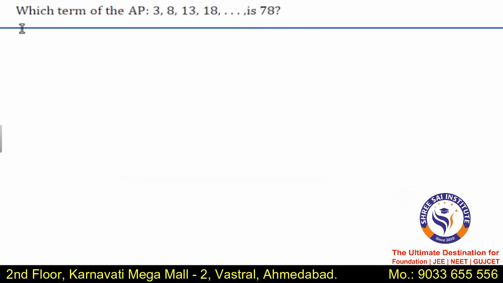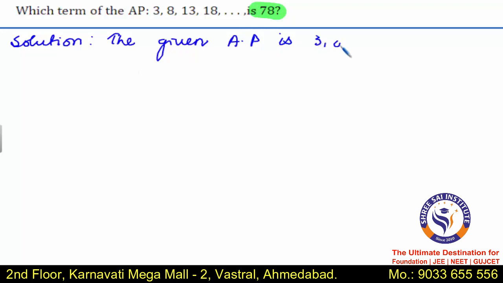In this question, we have to find 78 is which term of the given AP. Let's begin with the solution. And the given AP is 3, 8, 13, 18, and so on.